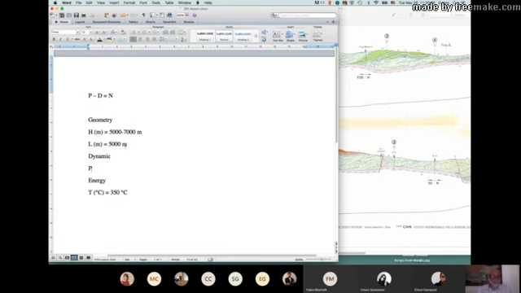So we call it P, pressure, and it's going to be measured in Pascal. But what are Pascals? Pascals are, a pressure is a force over an area, and a force is a mass times an acceleration.